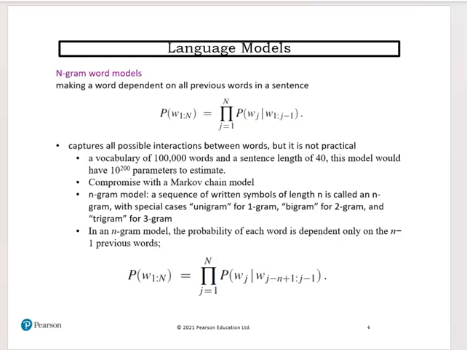Now, the first improvement to the bag of words model is n-gram word models. Like we saw, the bag of words model has limitations. For example, the word quarter is common in both the business and sports categories.